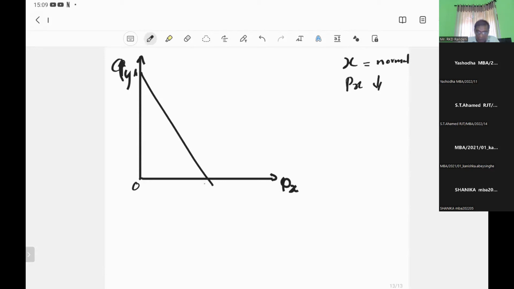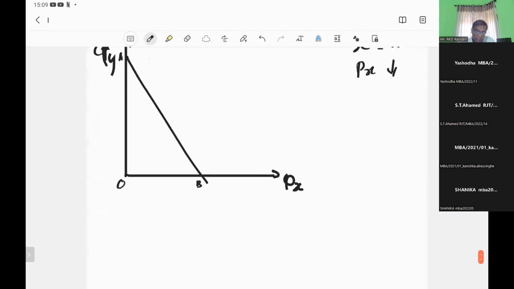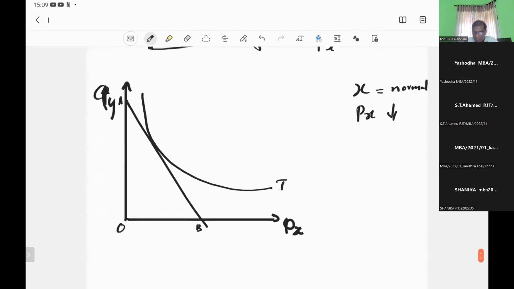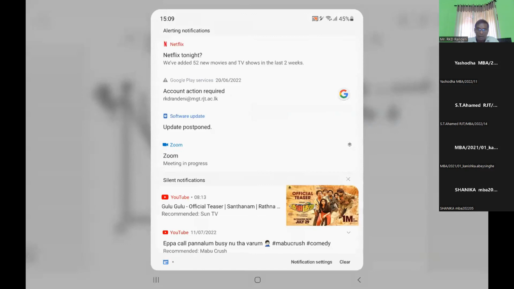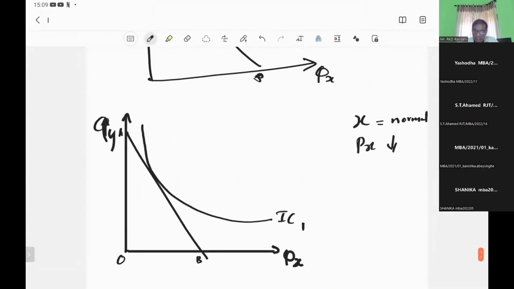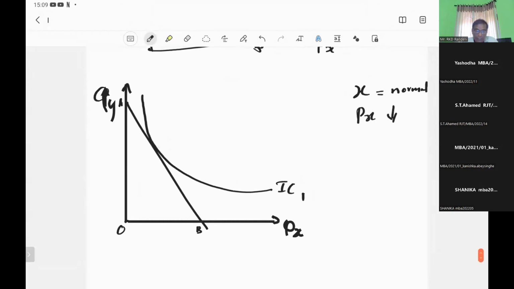We will put that A, B. Now, indifference curve 1, this is the tangent point. We will put that P. The consumer is consuming OX1.